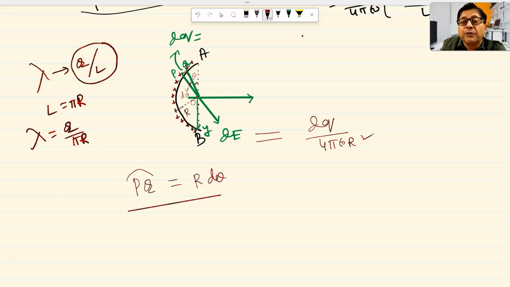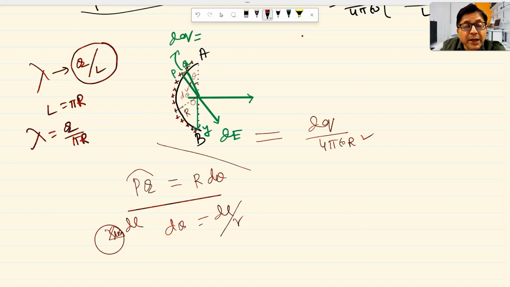Like in trigonometry, for a circular wire, if this has length dl, this one d theta, this is r, then d theta is defined as dl by r. In the same manner we find the value of arc length. Arc length PQ is equal to r d theta.